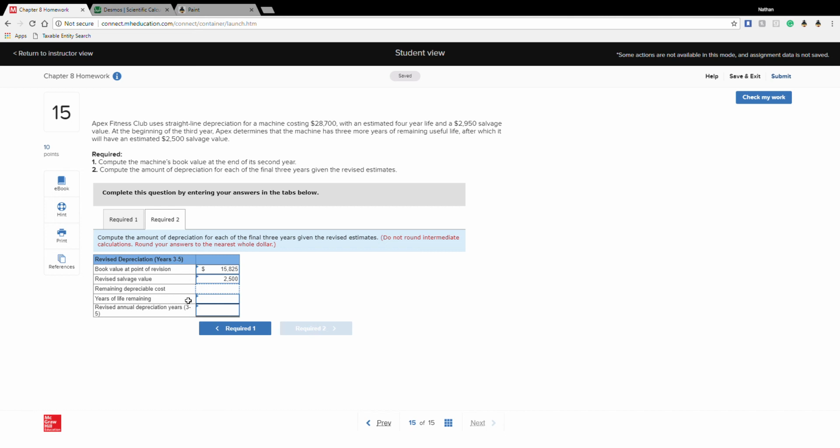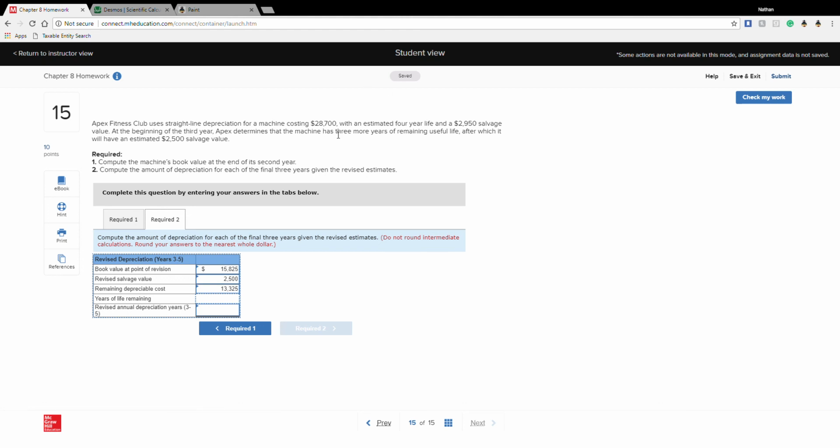Okay. So remaining depreciable cost. This line is just these two subtracted from each other, which that should be 13,325. Okay. Years of life remaining. Okay. It only completed 2 years.